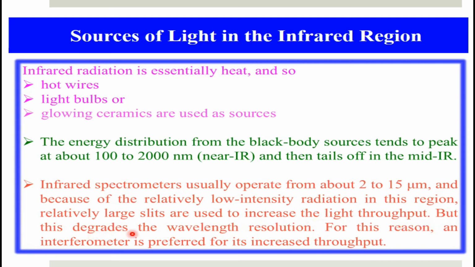But the problem with this is that it will degrade the wavelength resolution. To overcome this problem, an interferometer is preferred, and by means of an interferometer we can overcome the problem of wavelength resolution.